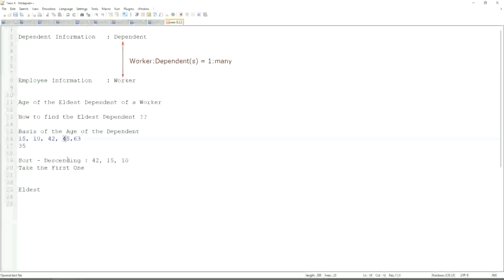What if we have 42 twice? Yes, very interesting. That is difficult. That is seriously difficult. Or maybe, yeah, let's remove the 63. Then we have to return both their names, right, because we are looking at the eldest one.